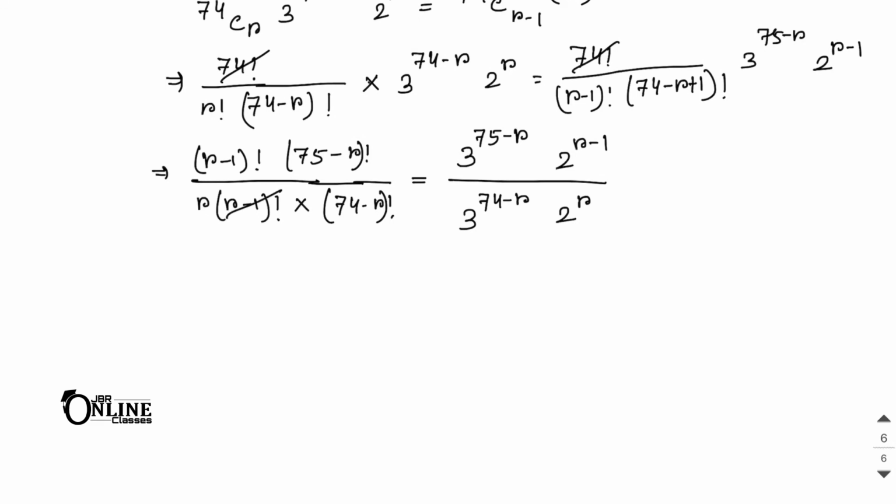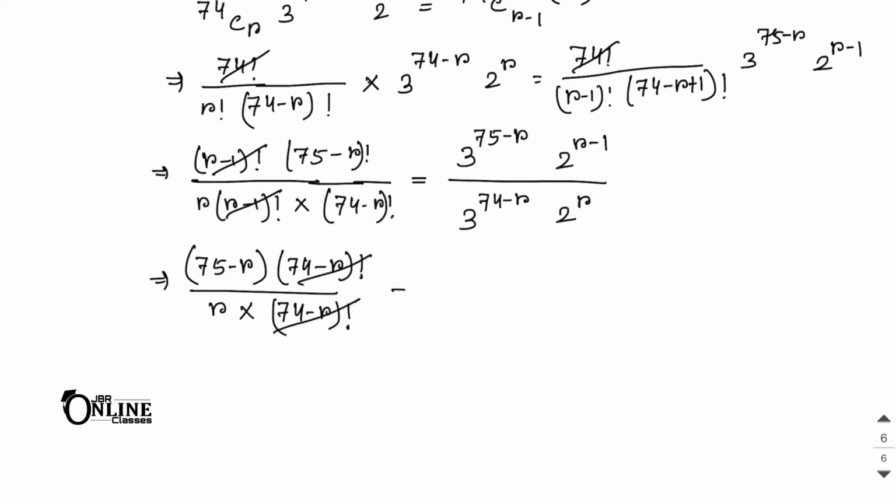Okay, so here r minus 1 cancels out. 75 minus r factorial will be 75 minus r, then 75 minus r minus 1, so you can directly write down 74 minus r. So 74 minus r factorial, here r into 74 minus r factorial, will also cancel out.